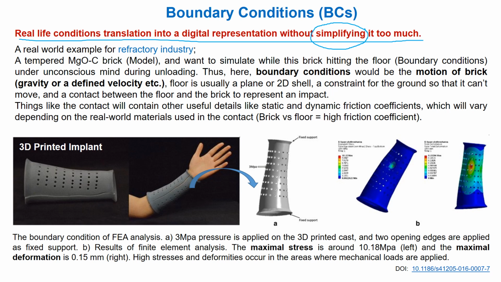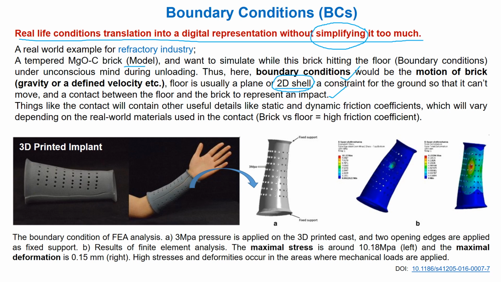Since the surface is not penetrated, it is considered a 2D shell, and we can estimate the impact. So this is the model, and this is the boundary condition. During this contact we can get the static and dynamic coefficient of friction while both brick and floor are in contact.